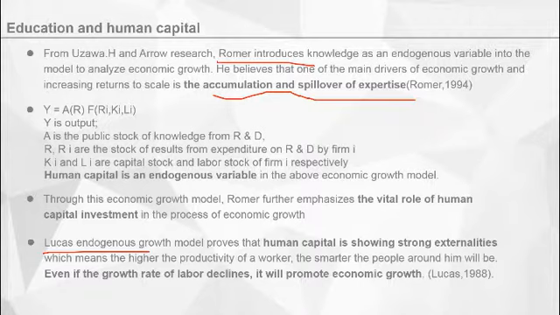Based on his model, he divides the social economy into three parts: the R&D (research and design) department, the intermediate production department, and the final production department.